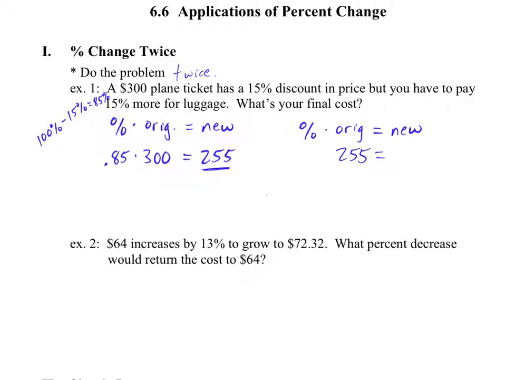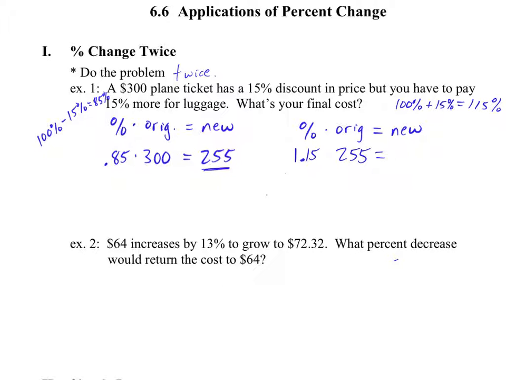So they took off 15%. Now we need to pay more on that. If it's 15% more for luggage, instead of putting in 15% or 0.15, I'm going to put in 1.15 if you want to do it in one step. Because essentially we're saying you need to pay 100% of that 255, but they're tacking on 15% for luggage, so you need to pay 115%.